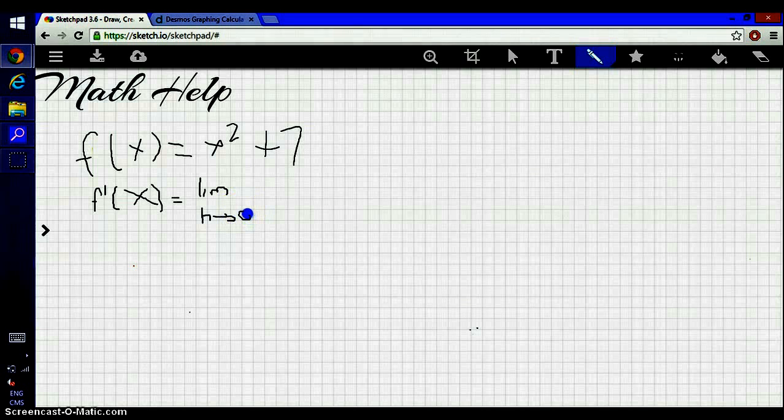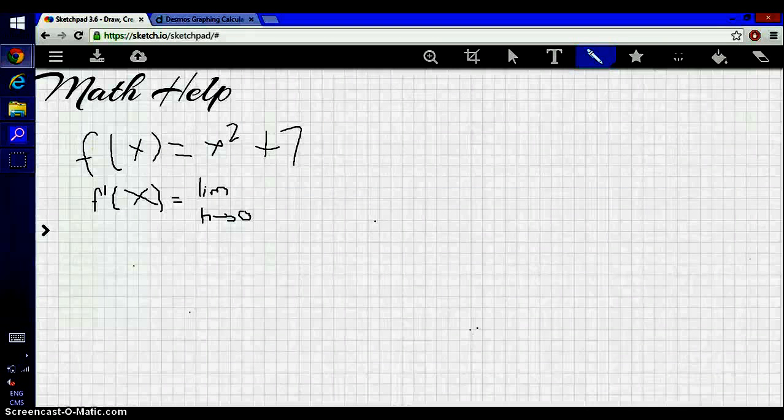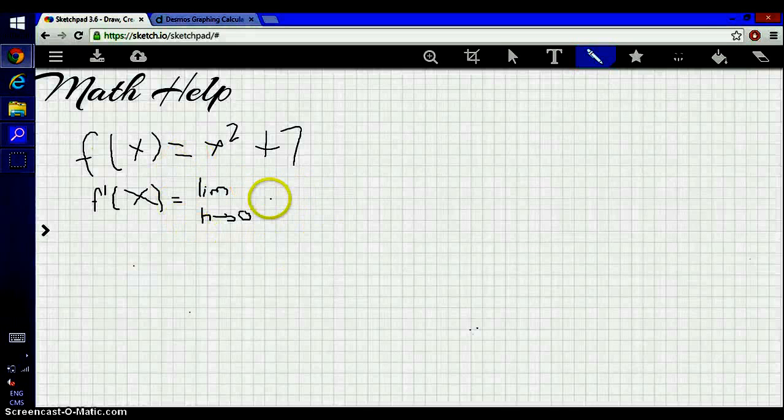It's extremely important that you include this limit h approaches 0 when you are solving an equation using first principle, because if you don't, then it's considered mathematically incorrect. So even though the answer you get might be correct, if you do not have this part, the question is technically wrong in a mathematical sense.